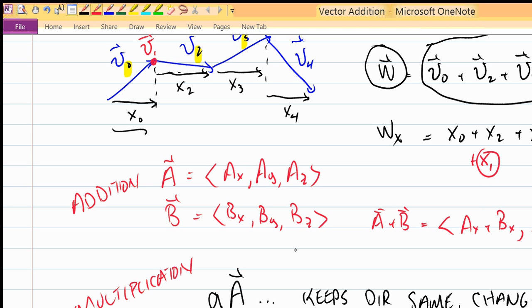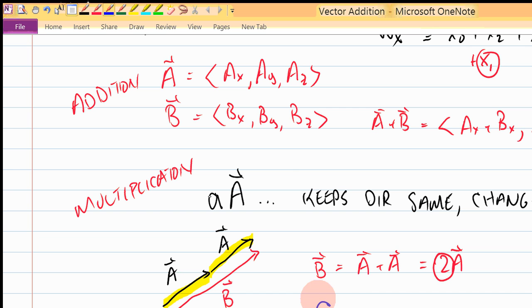So you can think of the 2 as being a shorthand for adding A and A together, or you can think of the 2 as something which takes my original A, keeps its direction the same, and just makes it twice as long. Maybe it doesn't surprise you that you could write C is equal to 1/2 A. So C would now be something which goes in the same direction as A, but only half as long.